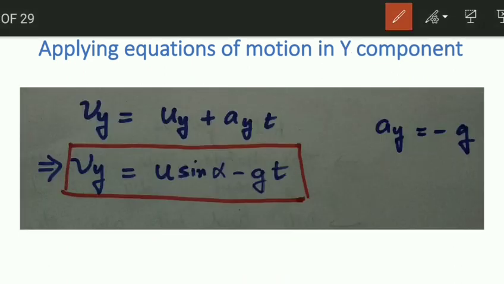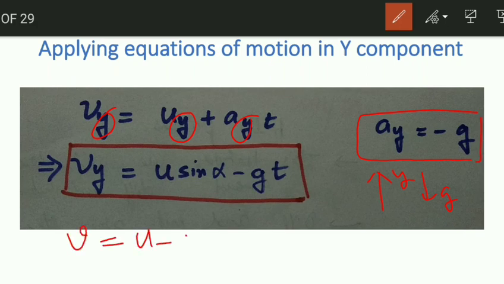Now applying equations of motion in y component. In y component also v is equal to u plus at. So vy is equal to uy plus ay into t. ay is equal to minus g. This is because y and g are in the opposite direction, so y is in plus y direction, so g is in the minus y direction. So vy is equal to u sin alpha minus gt. Here u sin alpha minus gt, so this is similar to v is equal to u minus gt.